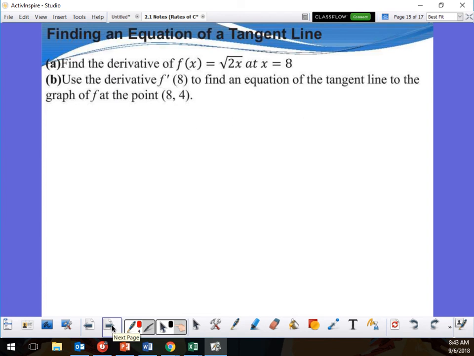Okay, so all that is under the radical. Watch this. You guys are going to get mad at me for this. So f of x is going to be radical 2 times x. Now, can I write that as a power? Yes, I could, 1/2, right?